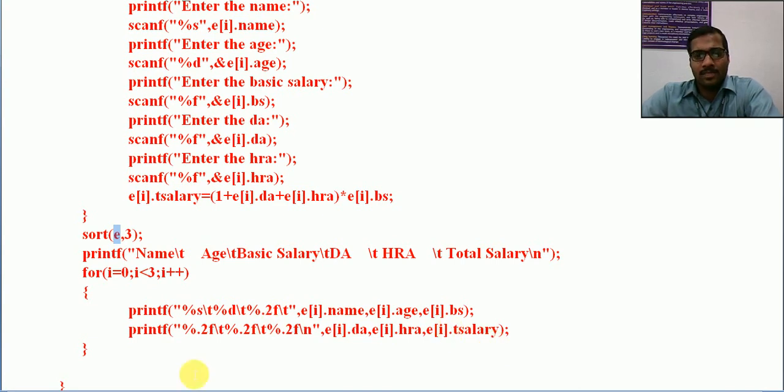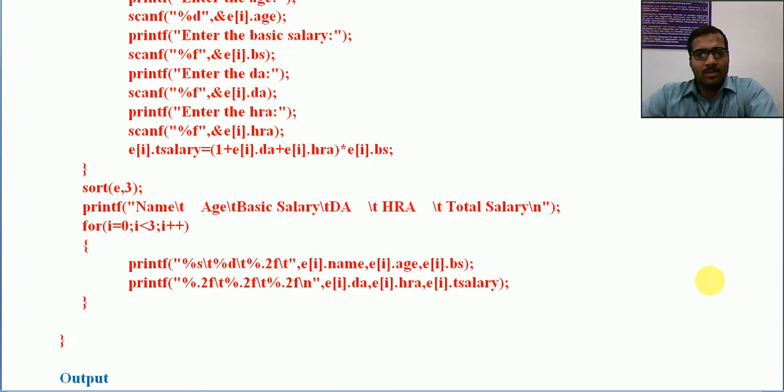It is written separately. Before sorting e, if you want to print it, you can print it here. So what will be the difference? The first one won't be sorted based on salary, but in the second, after calling this sort, the records are in sorted order.